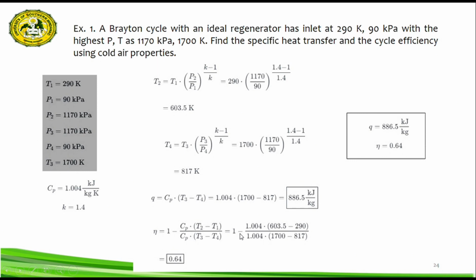By plugging in all the values, we have 1 minus 1.004 as our specific heat multiplied by 603.5 minus 290, over 1.004 multiplied by 1700 minus 817 Kelvin, and by plugging this into our calculator, we have the cycle efficiency of 0.64, or 64%.